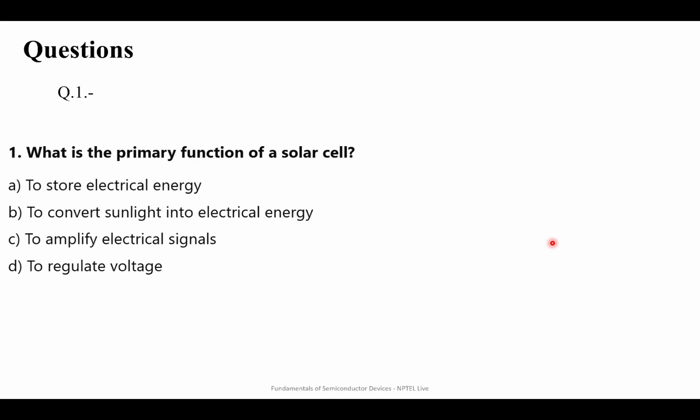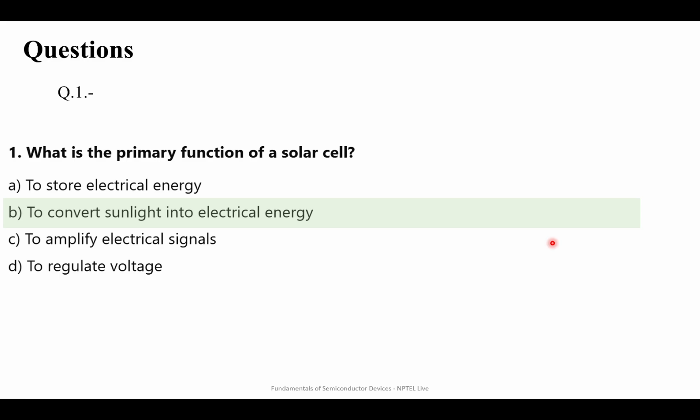So first question, what is the primary function of a solar cell? To store electrical energy, to convert sunlight into electrical energy, to amplify electrical signals, to regulate voltage. B, sir, convert sunlight into electrical energy. That is correct. The function of a solar cell is to convert sunlight into electrical energy.